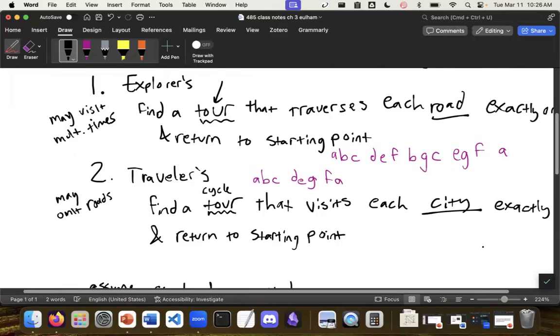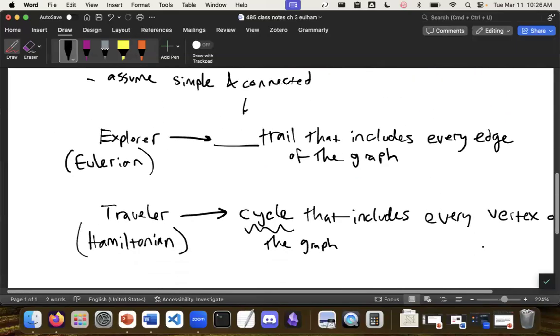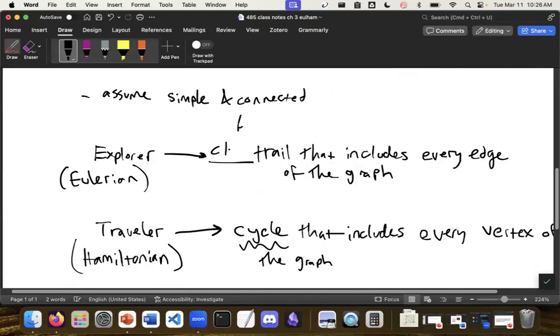The thing we haven't brought up is that it returns to the starting point. What's the word that we use for that? Yeah, closed. So if it started and finished somewhere else, then it would just be a trail or an open trail. But since we return to the starting point, then it's closed. And we don't have to worry about that with cycle, because the notion of a cycle is that we go around vertices and go back to where we started.